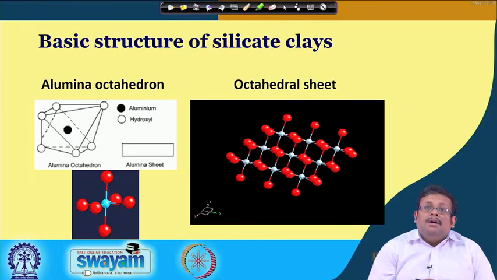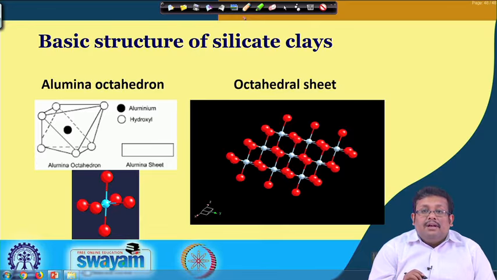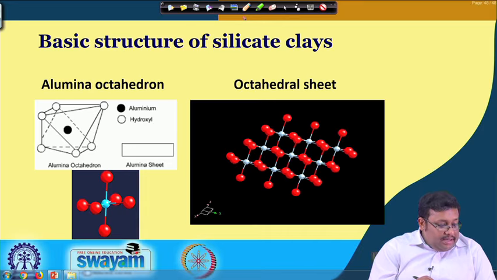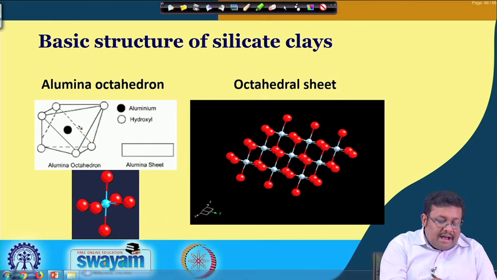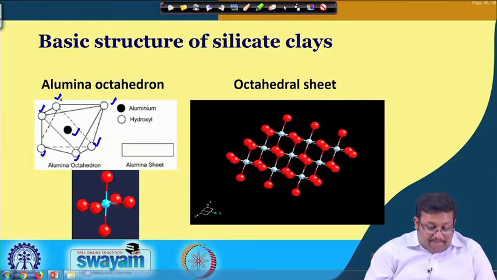Another building block in soil is the aluminum octahedra. The individual aluminum octahedron is made of a central aluminum, which is surrounded by 6 hydroxyl anions or hydroxyl groups, making an octahedral structure.